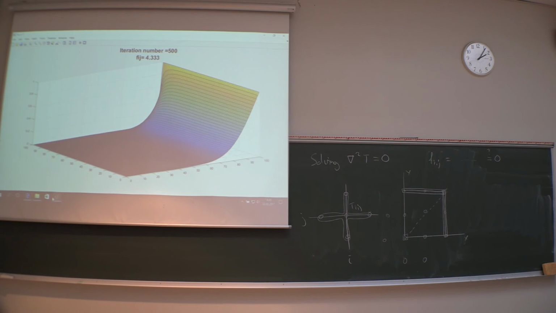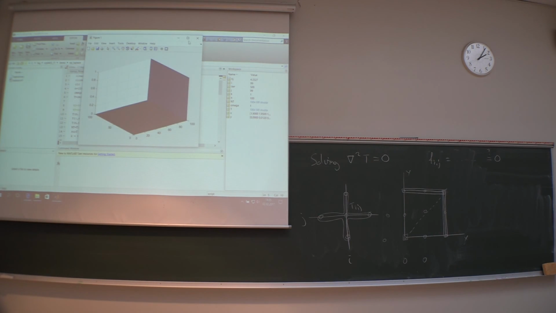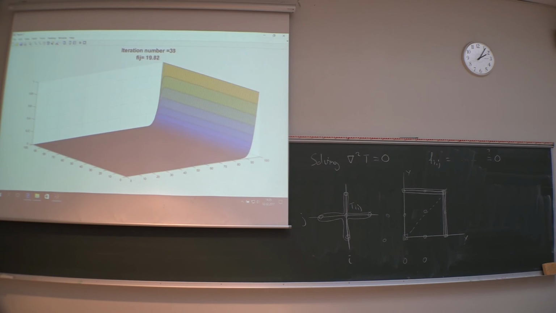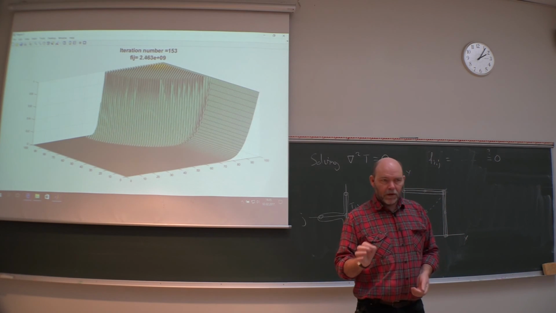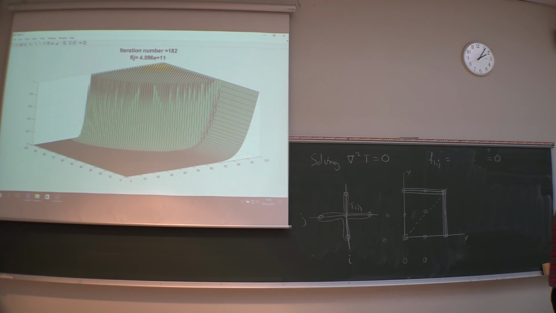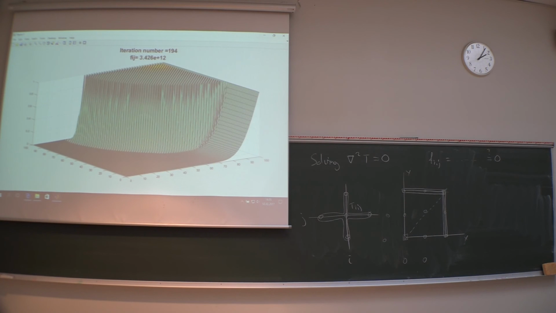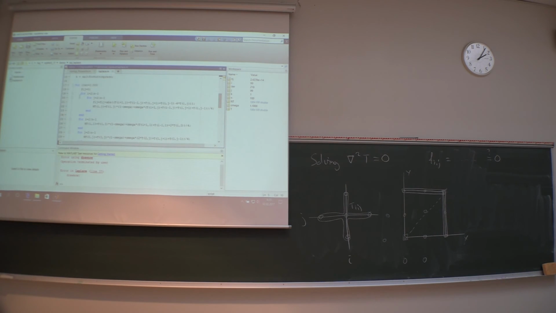Now we try to increase the omega. 1.1. See if that helps. No, it doesn't. You can't do it. If you want to use an over-relaxation and omega bigger than 1, you have to program it as Gauss-Seidel. You cannot program it as Jacobi. It will be unstable no matter what you do. Strangely enough. And here I just programmed it straightforward.